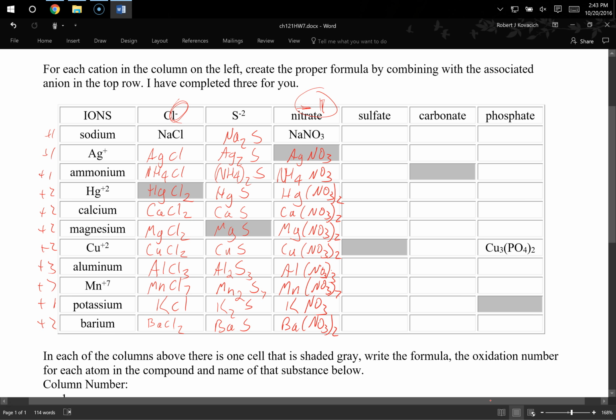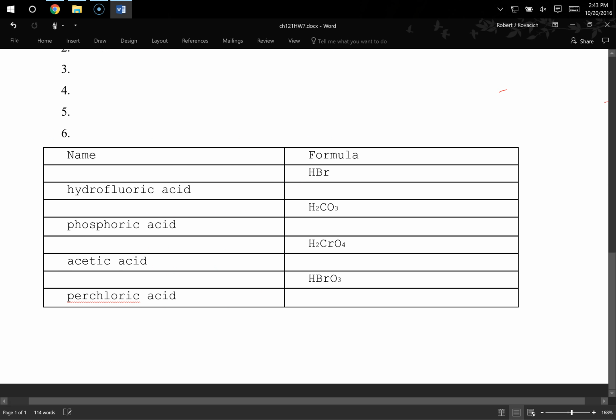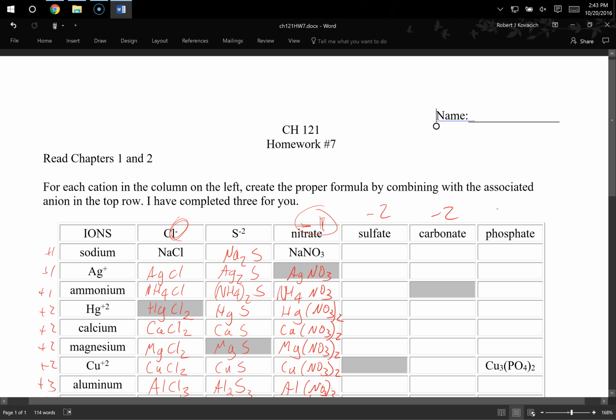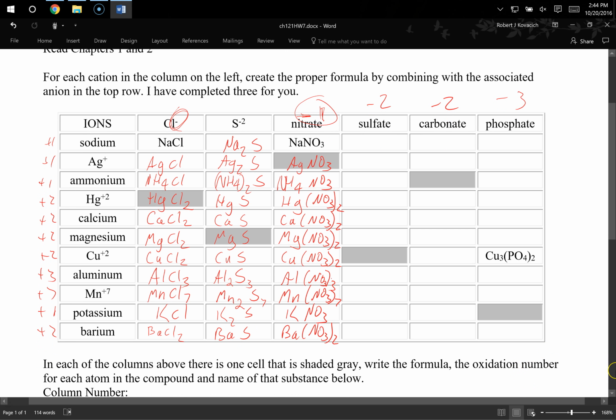This column and this column are both -2. So these two columns, the ratio should be the same. I'm going to need 2 sodiums and a sulfate, and 2 silvers and a sulfate. So we have sodium sulfate and we have silver sulfate.